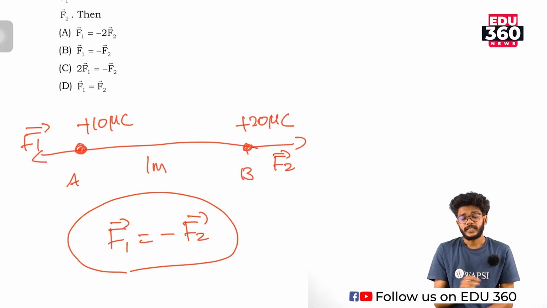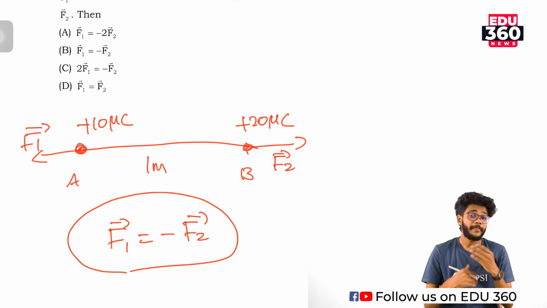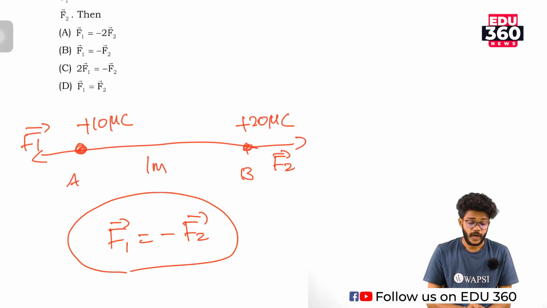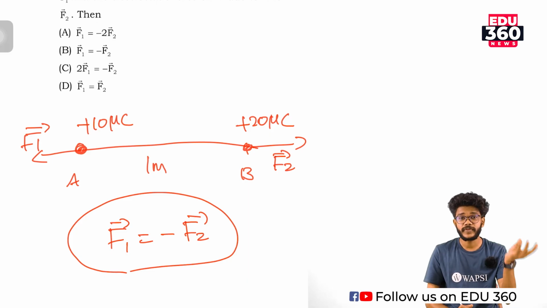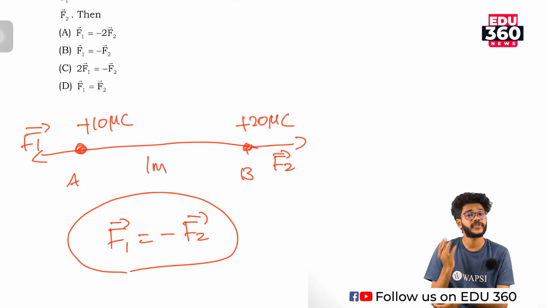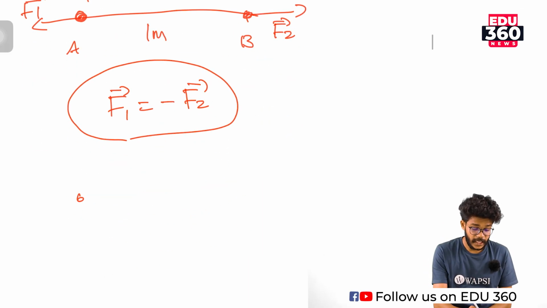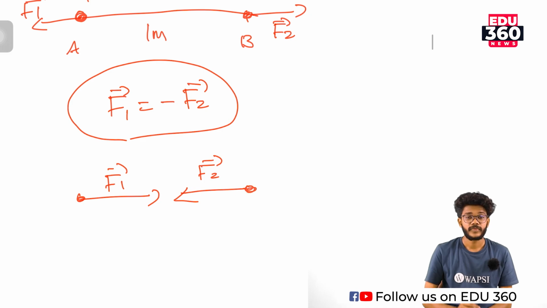These both are positive charges. What happens if both are negative charges? It's the same scenario, they will repel each other, and F1 is equal to minus F2. What happens if one charge is positive and one is negative? They will attract each other. When they are attracting, here is F1 and here is F2, both in opposite directions.